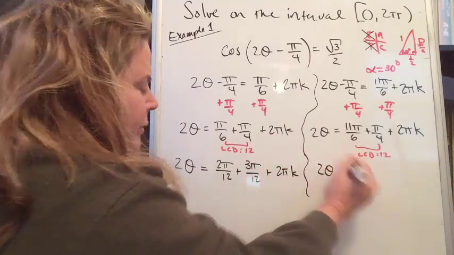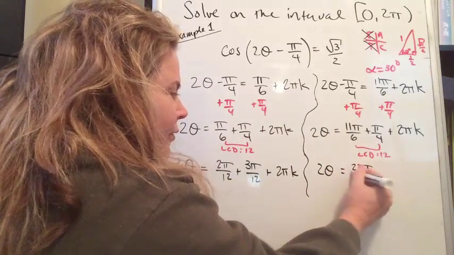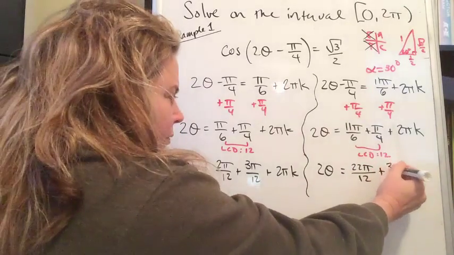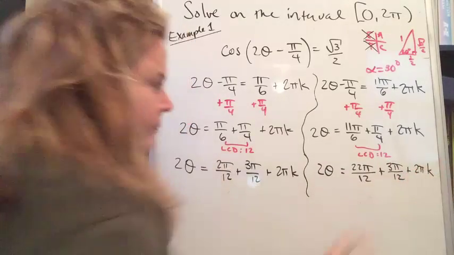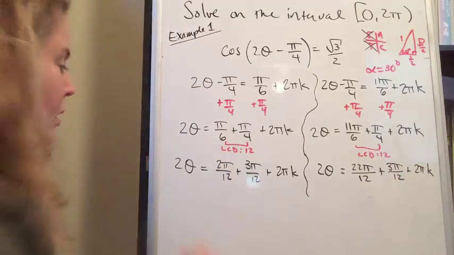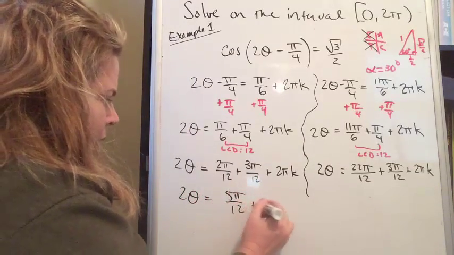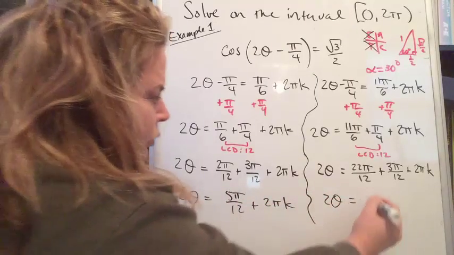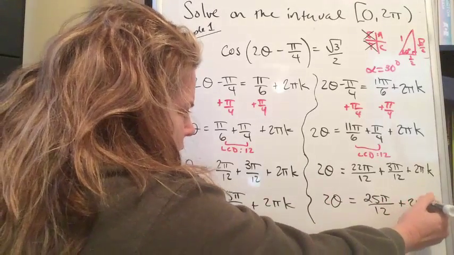And 2 theta equals 22 pi over 12 plus 3 pi over 12 plus 2 pi k. So we've got 2 theta is equal to 5 pi over 12 plus 2 pi k, and 2 theta is equal to 25 pi over 12 plus 2 pi k.